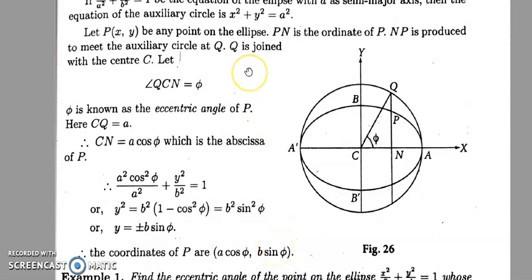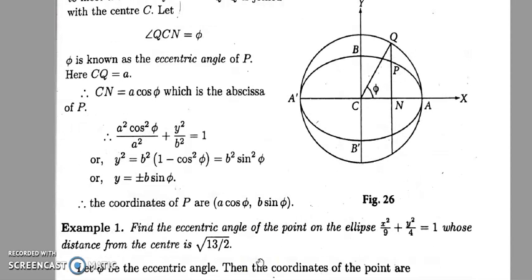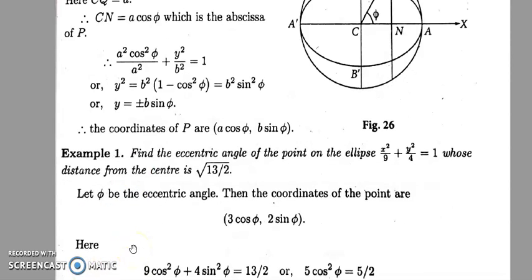So provided you have an eccentric angle phi for the point P, then the coordinates of P are going to be equal to A cos phi and B sin phi. Now let us see problem on this. So how to find the value of phi.